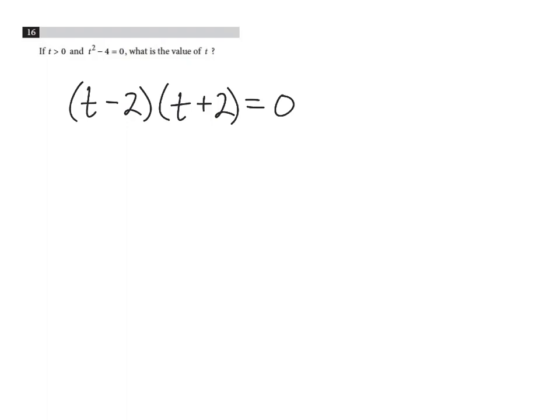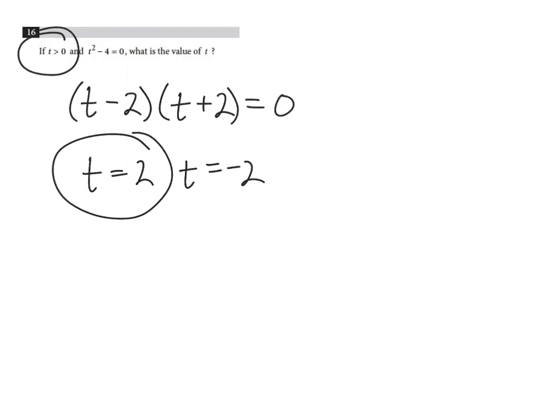Well, we can use the zero product property at this point, and this tells us that t equals 2, or t equals negative 2. We already know that the restriction is that t is greater than 0, so t must equal 2.